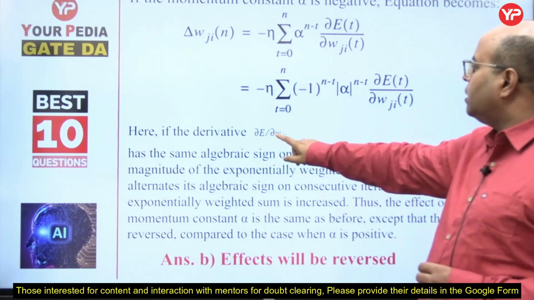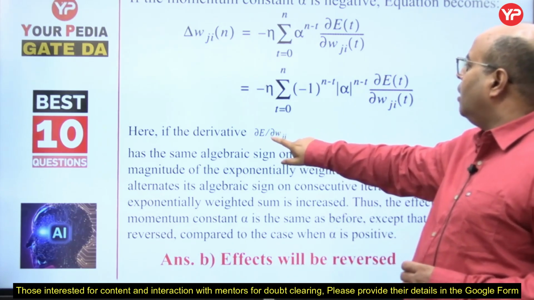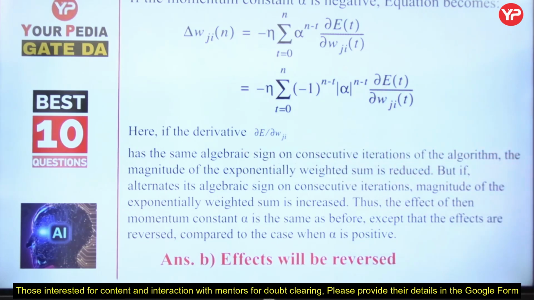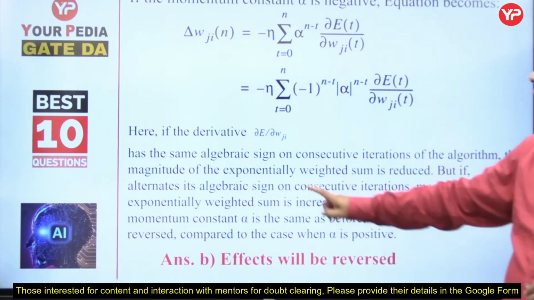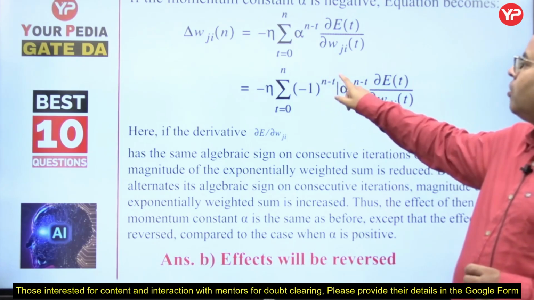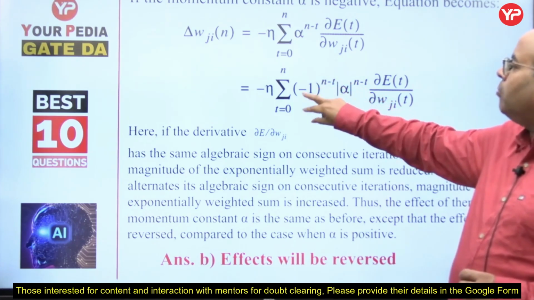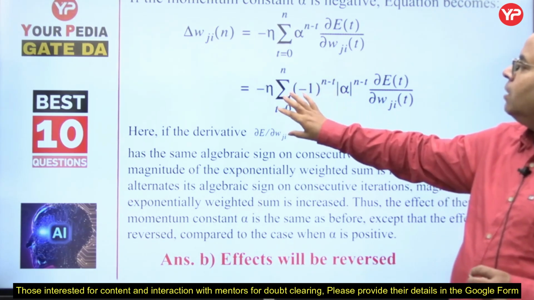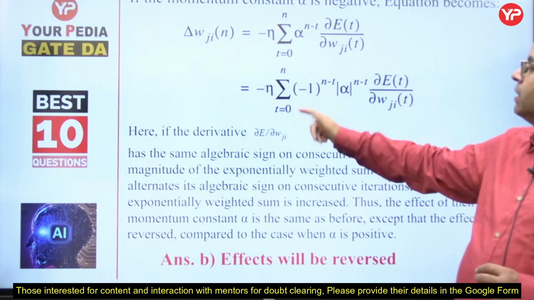If the derivative, del E over del wji, has the same algebraic sign on consecutive iterations of the algorithm, the magnitude of the exponentially weighted sum is reduced. But if it alternates its algebraic sign, and now it will alternate because minus 1 to the power n minus t is there, so this factor will keep on changing, sometimes plus then minus, like that.